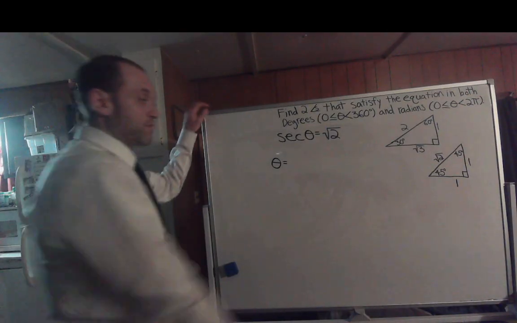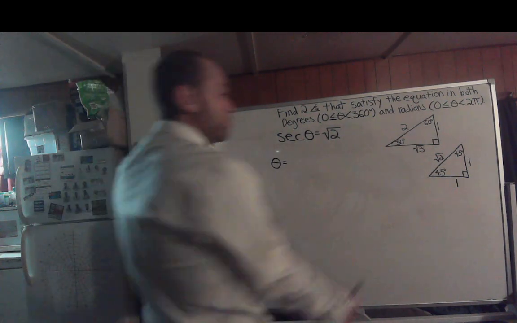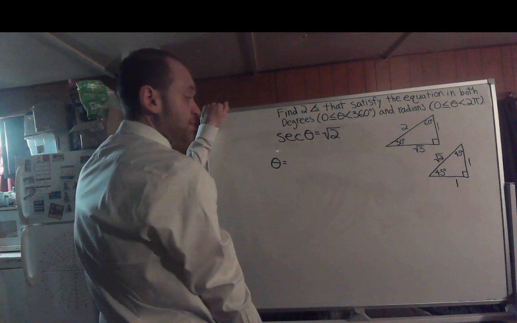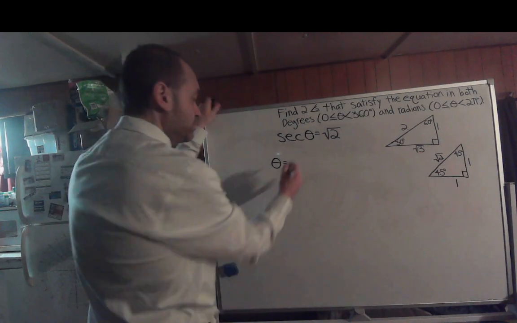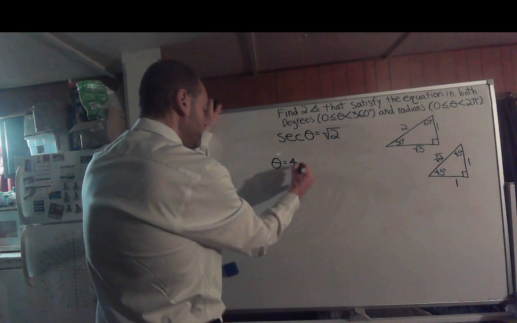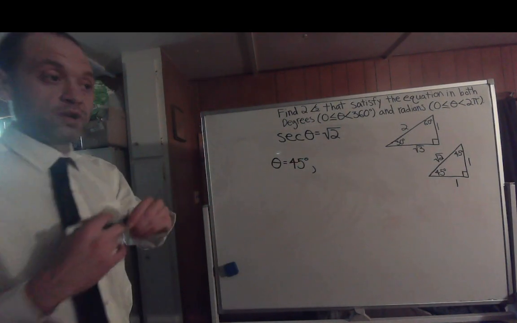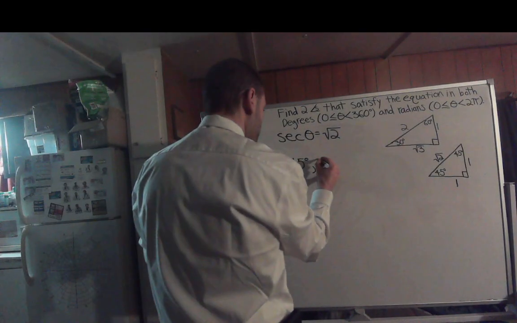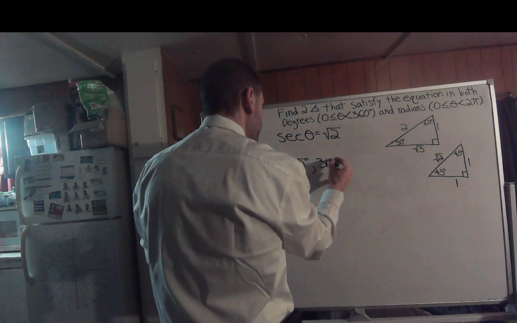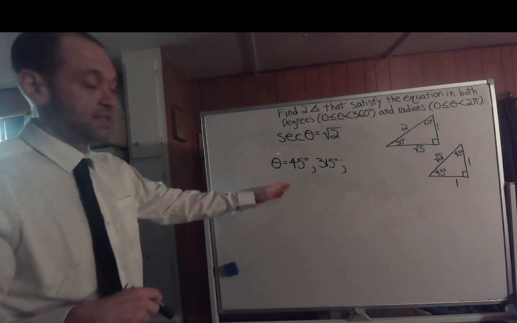So if you look at your 45, 45, 90 right triangle, we know secant is hypotenuse over adjacent. So 45 degrees, the secant is square root of 2 over 1, or simply the square root of 2. So for sure you'll have 45 degrees. And then your fourth quadrant equivalent, take 45 away from 360, you end up getting 315 degrees. Now let's find these in radians.